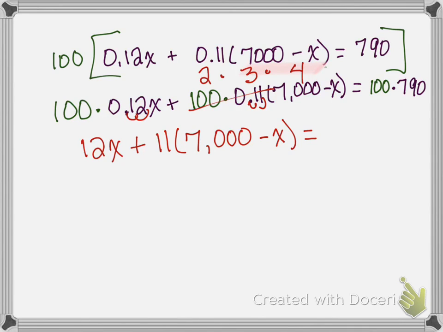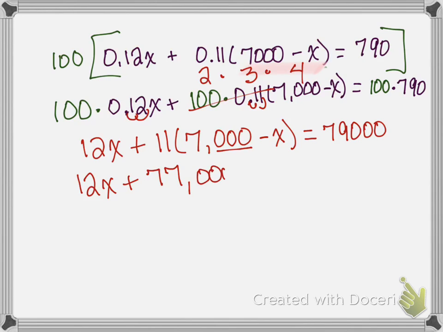Okay? Then we have 100 times 790. Where is the decimal in 790? After the 0. So we're going to move it over. Okay. Now I can distribute. So I have 12x. 11 times 7 is 77. Then I just write down my zeros. 11 times negative x is negative 11x.